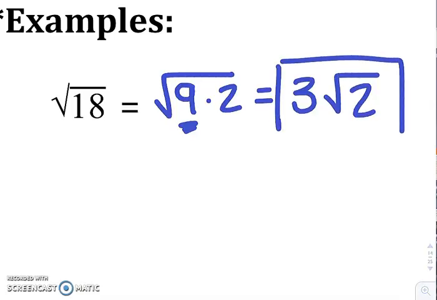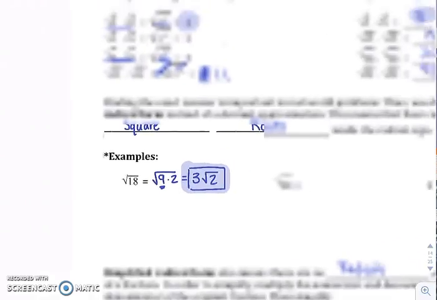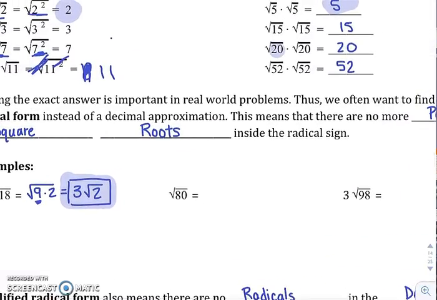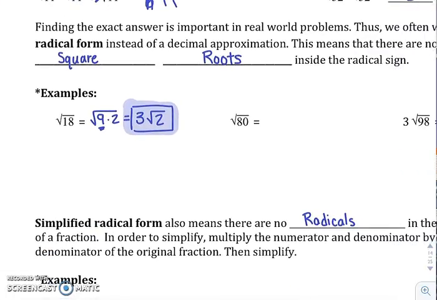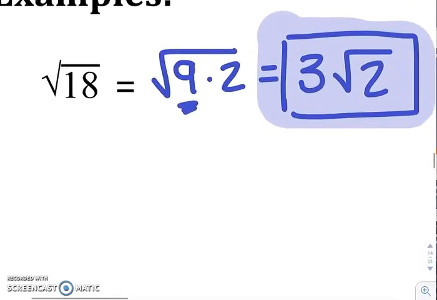Or we can factor it out and find those pairs of the same number. We want the same number. So if we were to factor 18, it doesn't matter if you start with 9 and 2 or 6 and 3. We're just not starting with the number itself and 1.